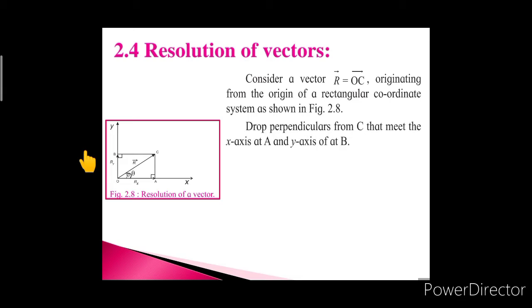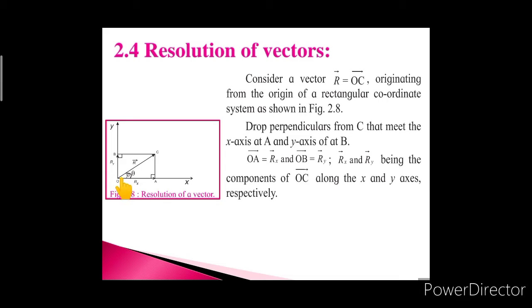The perpendicular from the point C meets the x-axis at a point A. Similarly, the perpendicular dropped to the y-axis meets at a point B. Hence, we can write vector OA is equal to Rx, as this Rx is nothing but the component of the given vector along the x-axis. So vector OA represents the vector Rx.